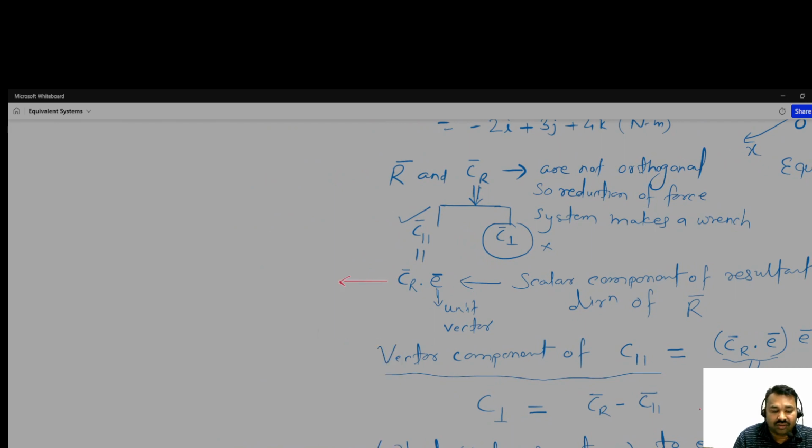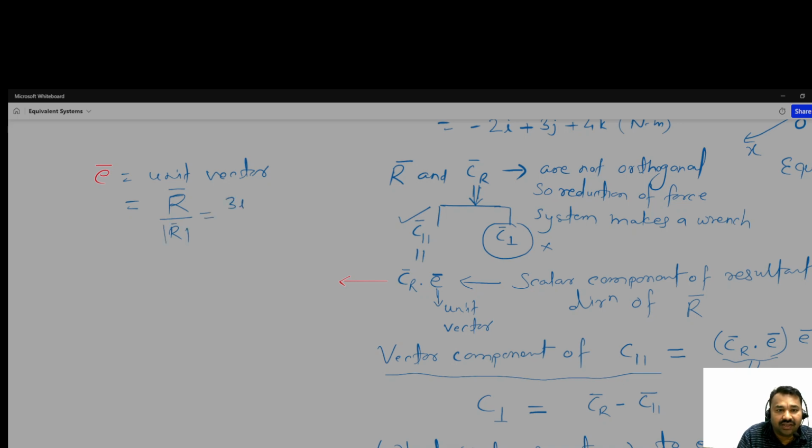This is equal to what? Before that, E is equal to the unit vector, and it is equal to the resultant divided by its magnitude.